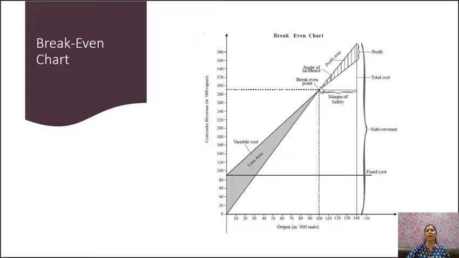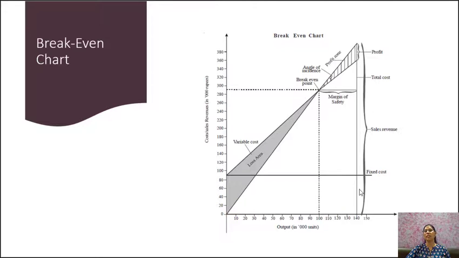So this is the break-even point. You can see here the production is 100 units, that is 100,000 units, whatever units are given here, and the price is at 290. So this is the point, and this is called the angle of incidence.